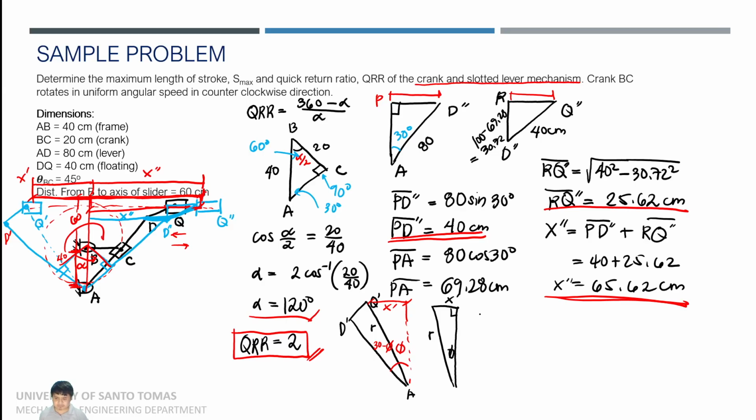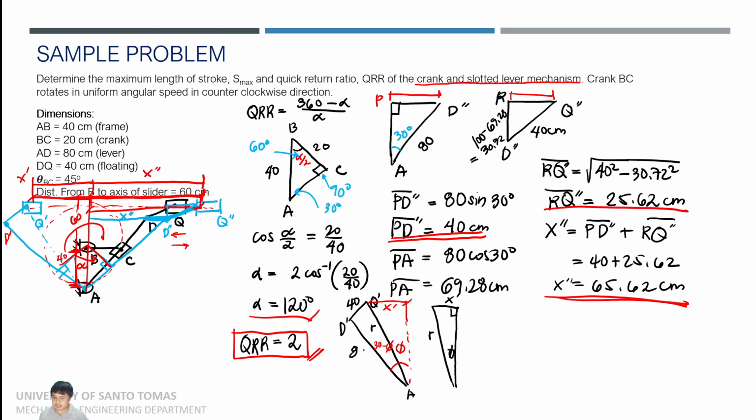We can create equations here again using the cosine law for this oblique triangle. Sorry guys, so this will be the D prime Q prime line, so this is the DQ. I'll just write the dimensions. DQ is 40, so this is 40 right here.